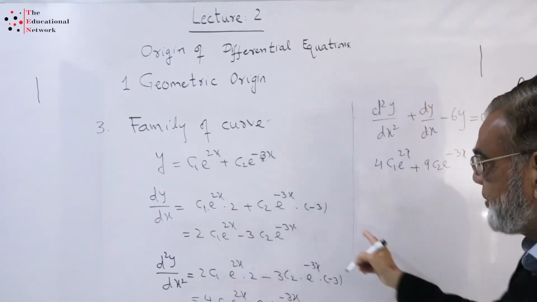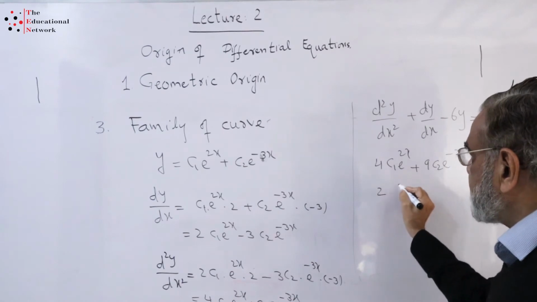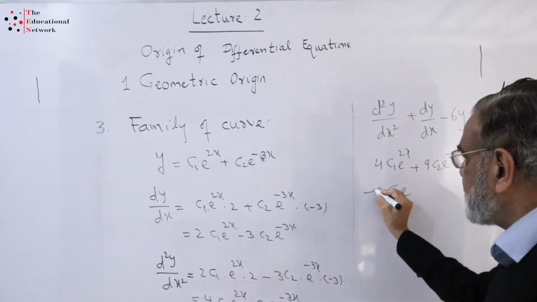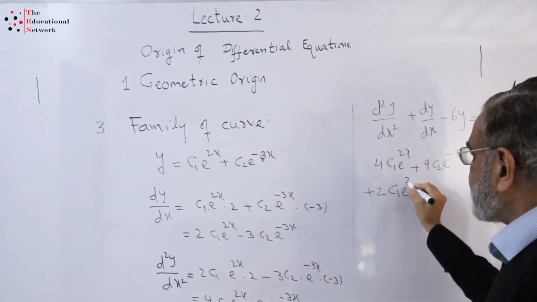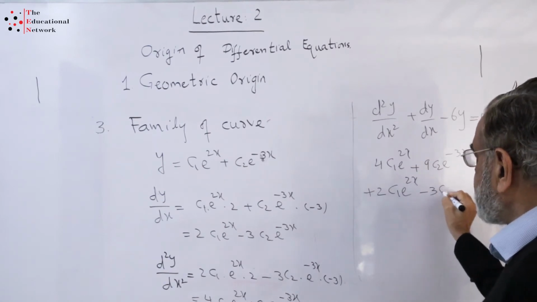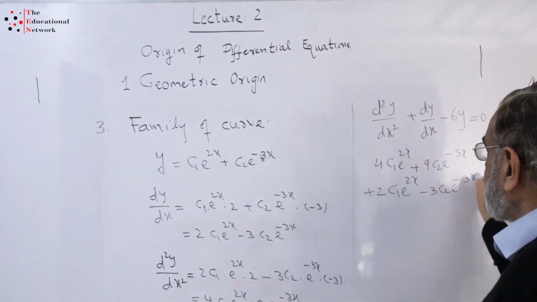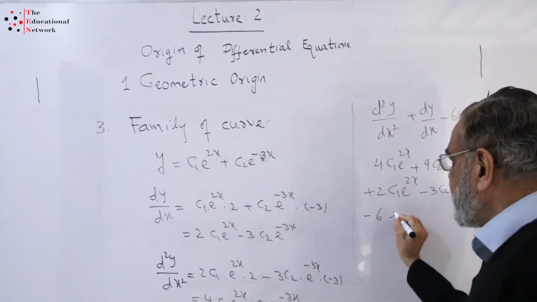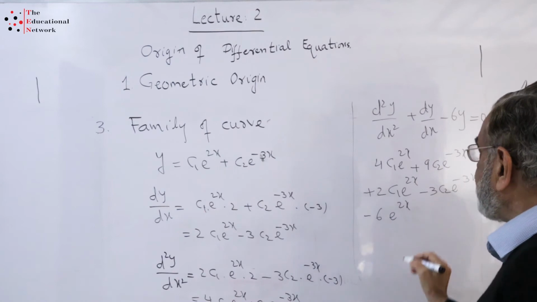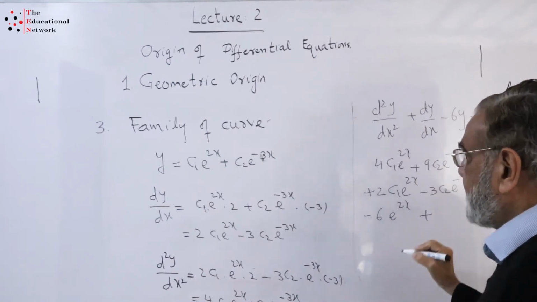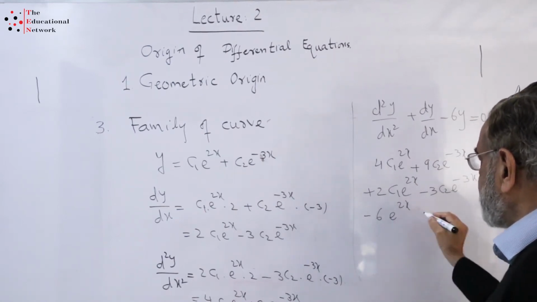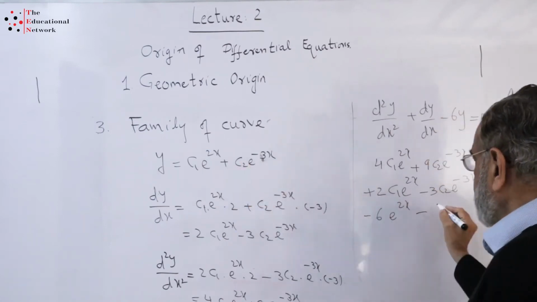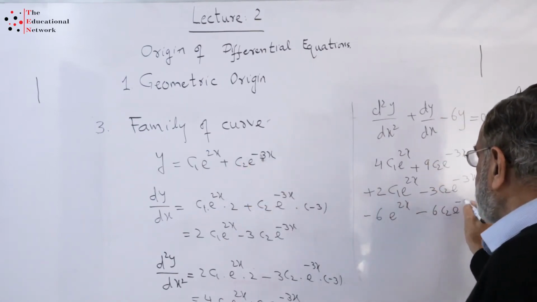Then dy by dx is 2 c1 e to power 2x minus 3 c2 e to power minus 3x. Then minus 6y. I multiply by minus 6. I get minus 6 c1 e to power 2x, and because multiplying with minus, this becomes minus 6 c2 e to power minus 3x.